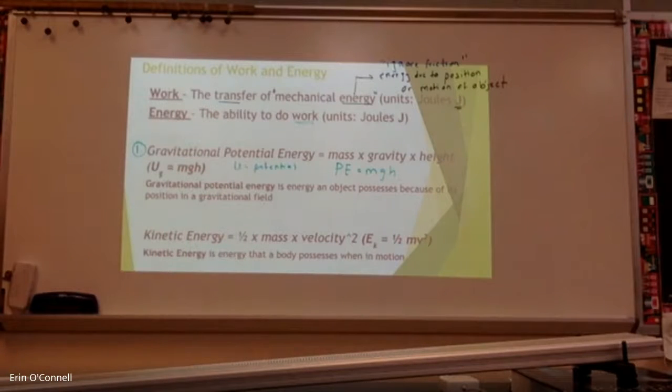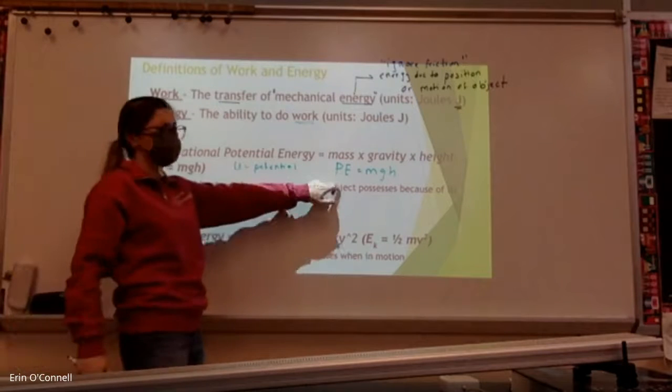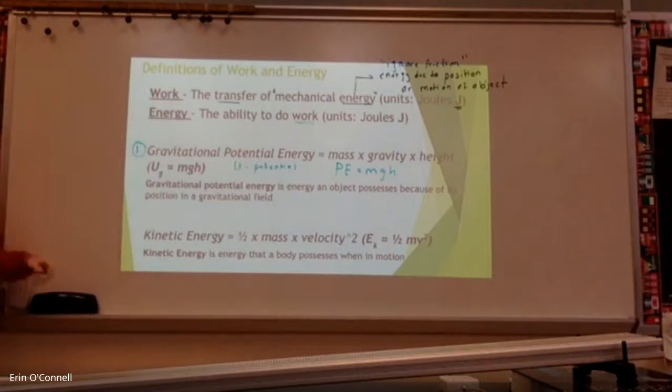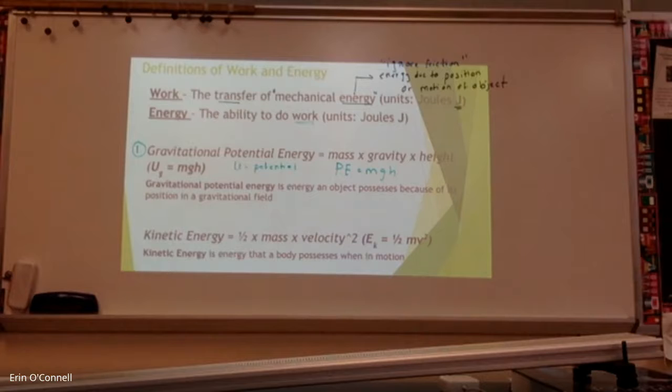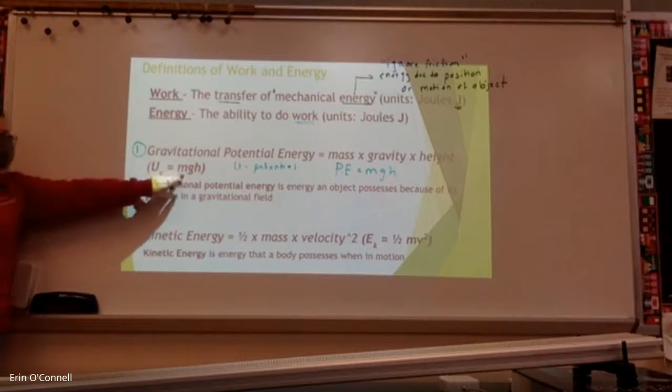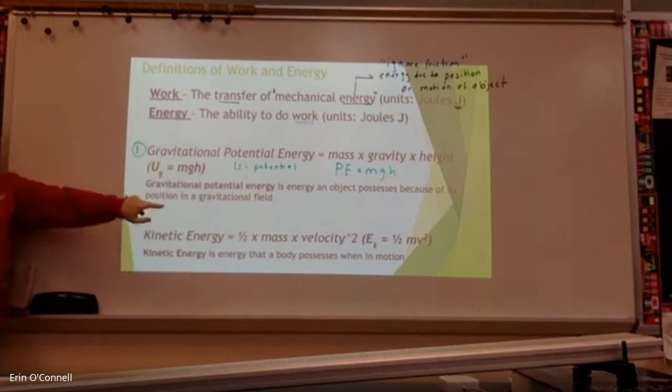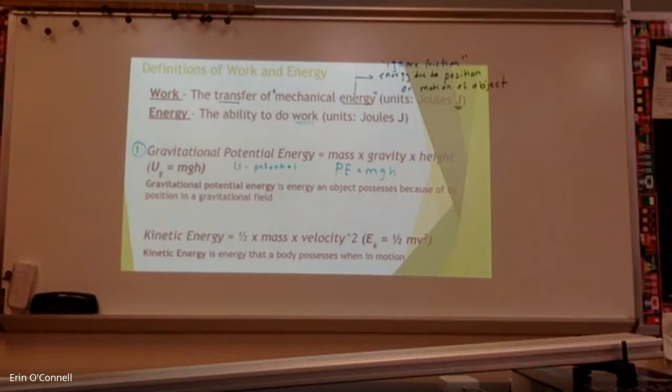Because if you watch, I know some of you said you watch Khan Academy videos, they'll probably have PE on Khan Academy videos. Versus if you watch a university lecture, you're going to see U sub G. But they really mean the same thing, potential energy. And the equation will tell you what type it is when you use PE versus the subscript. So it's the object's mass times gravity times the height above the surface or the zero line.